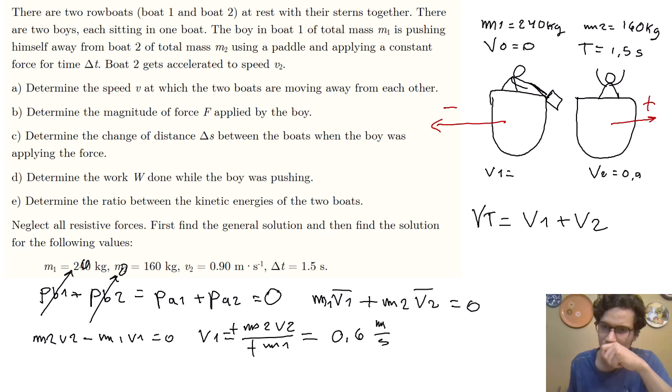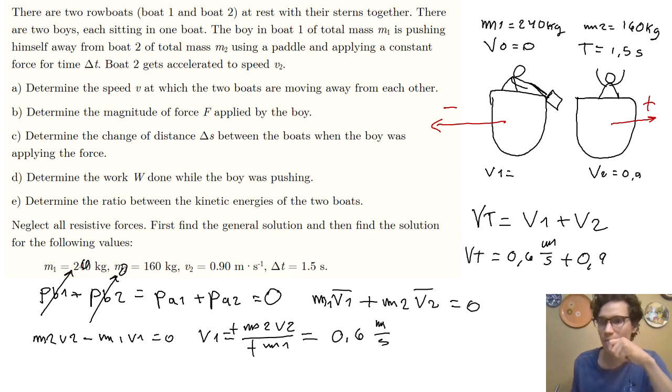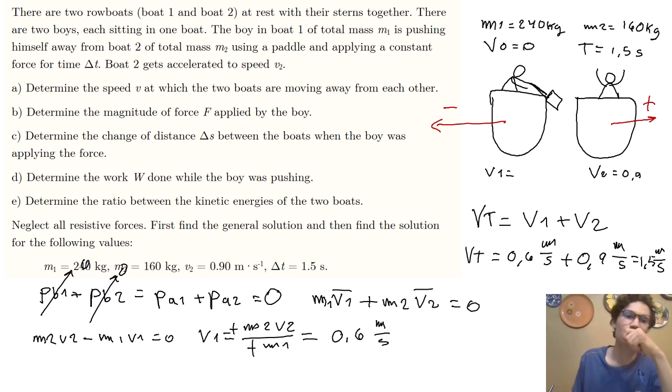So the total velocity will be equal to 0.6 meters per second plus 0.9 meters per second, and that is 1.5 meters per second. That is the first question of the problem solved.